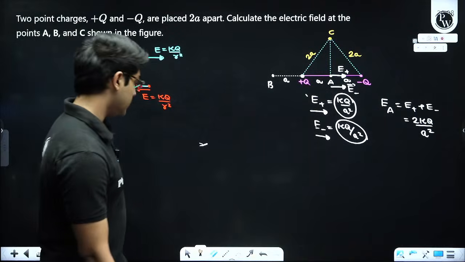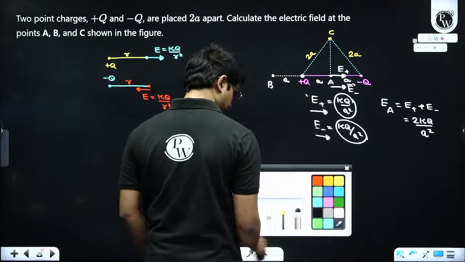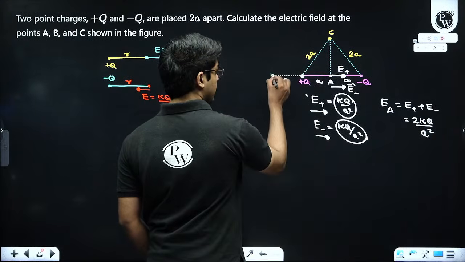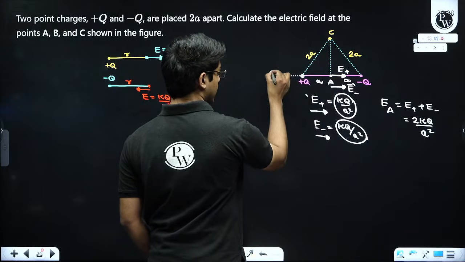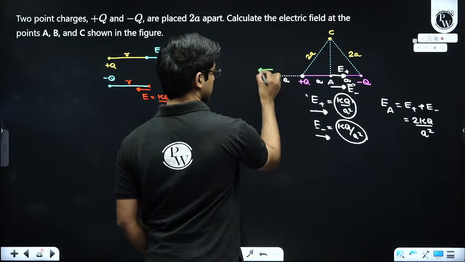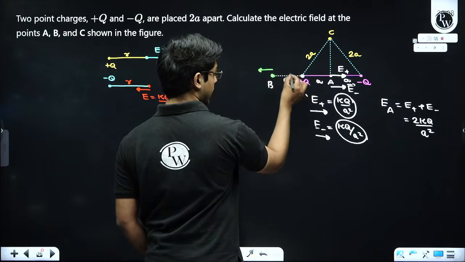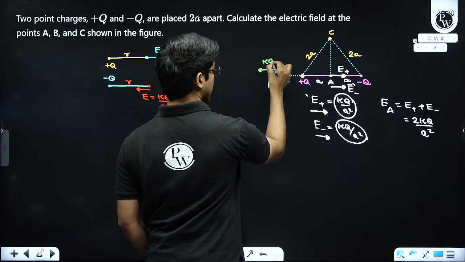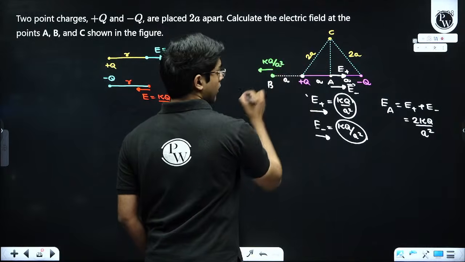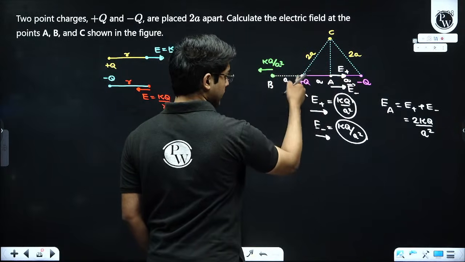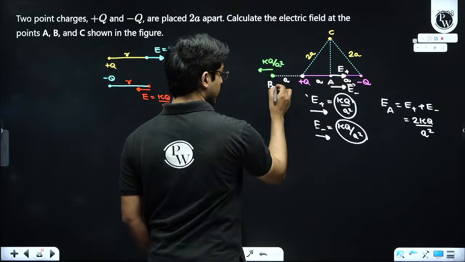Now let's choose the point B. At the point B, due to E plus, it will be to the left. Magnitude, distance is a, so this will be kq divided by a square. And minus will attract, so due to minus, it will be to the right.